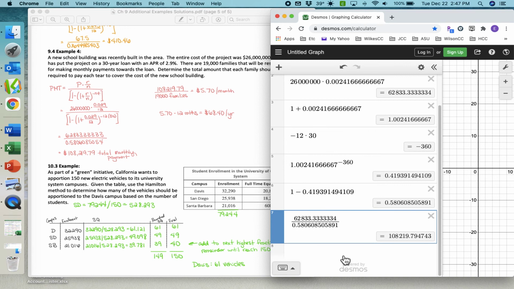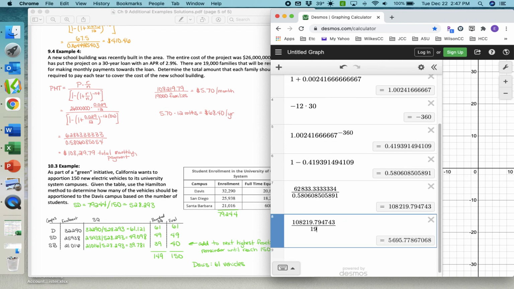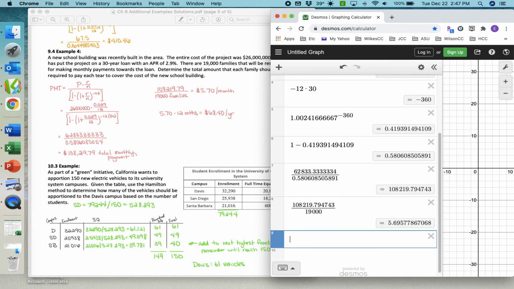Then I can go ahead and use that to divide by 19,000. And last, we do want to go ahead and round here because each family is paying exactly $5.70 a month, not 5.69577, all that, okay?